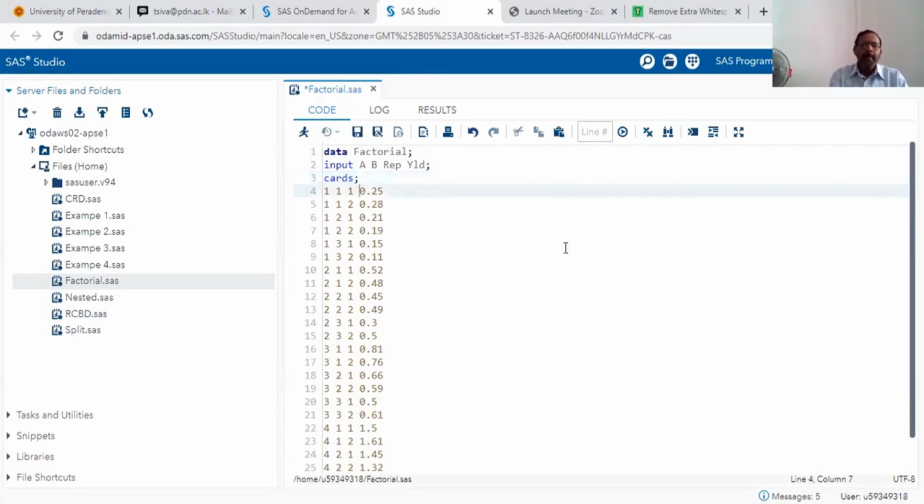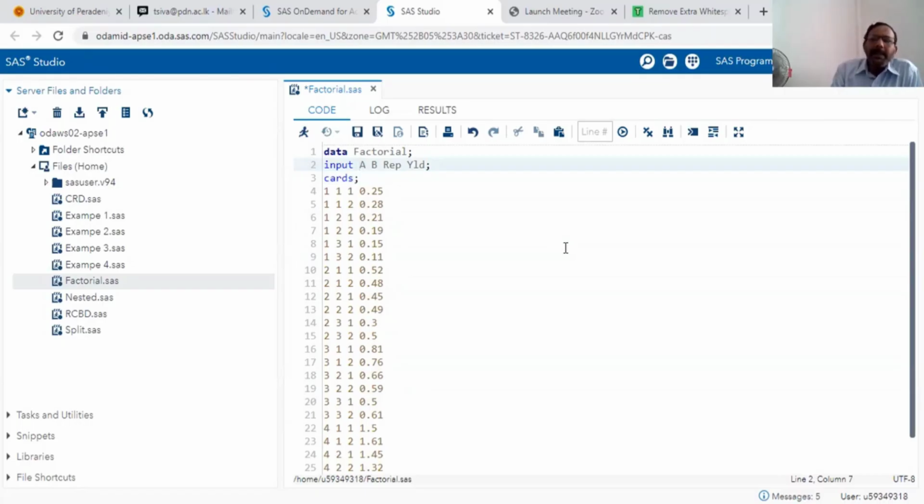Hope everybody has entered your own data. Any questions on data entering? So data, any name could be given, factorial I gave. Input, you can write any name as A, right? So I put it as A, B. It is easy for us to identify. So how many levels are there in A?